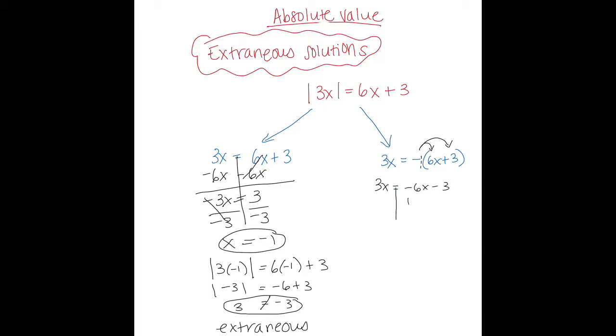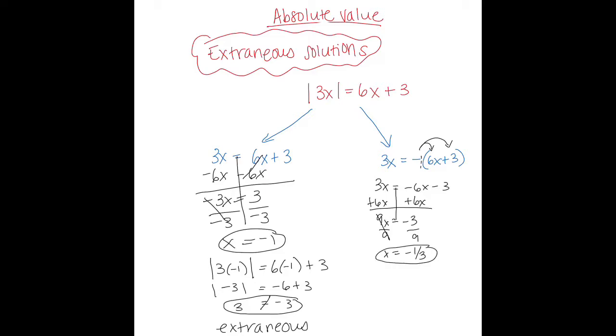Now we're going to add 6x to both sides to combine like terms. And I would end up with 9x equals negative 3. And then I'm going to say, okay, well, 9x equals negative 3. I'm going to divide by 9 to both sides. And then x equals negative 1/3 when you simplify 3 over 9.